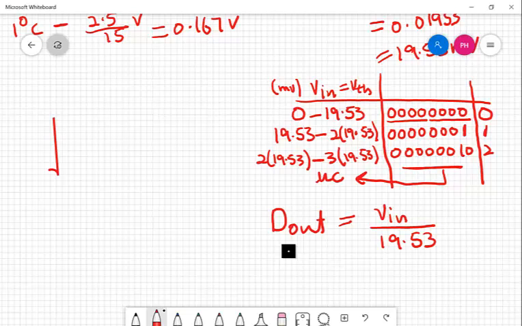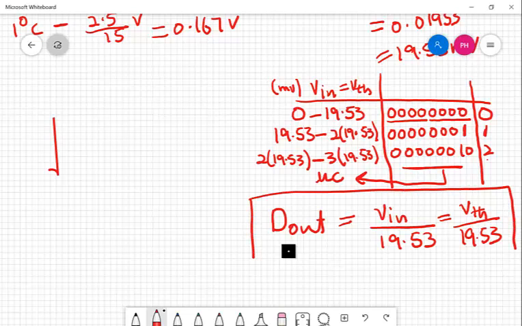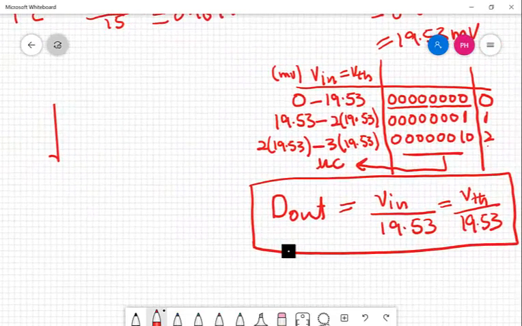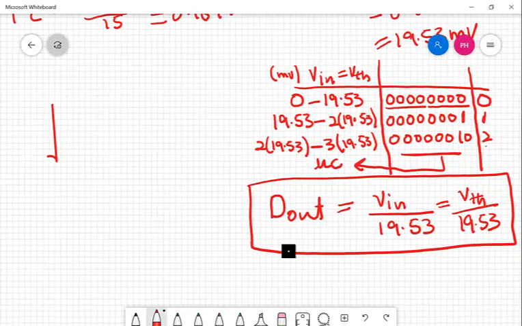When V in equals twice 19.53, D out will be 2. Is that okay? And this V in is equal to VTH. This we have to remember. This is the relationship between input and output of the ADC.